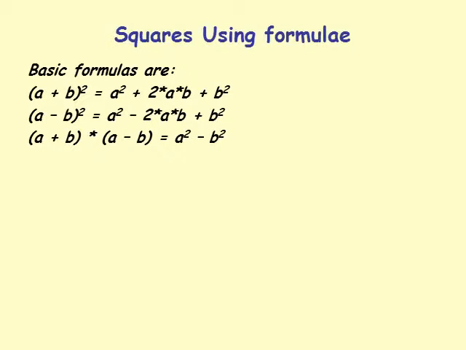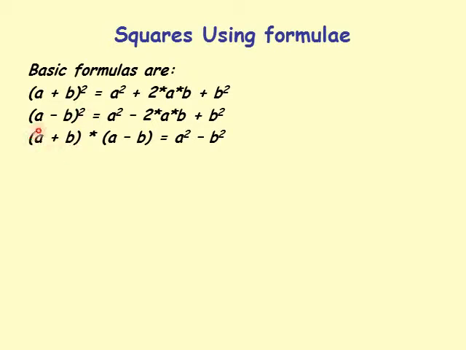If you are not too familiar with the algebraic notation, just think of this as one number and this as another number. You can compute a plus b squared using vertical and crosswise multiplication, the same method. You can multiply a minus b times a minus b using vertical and crosswise.